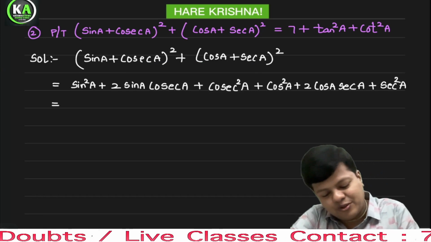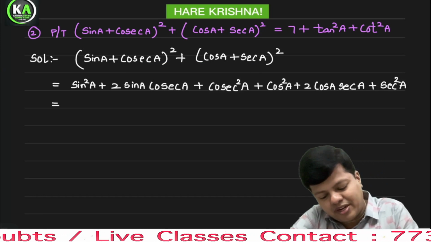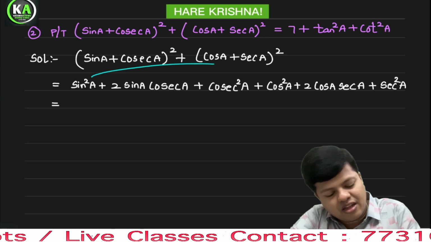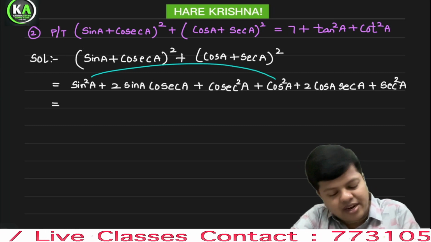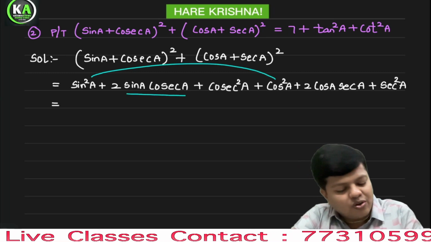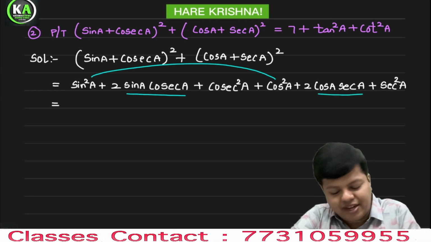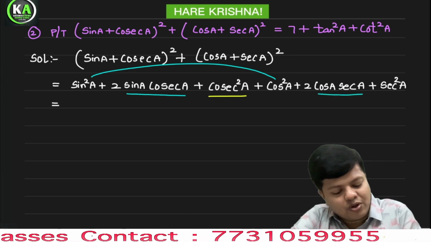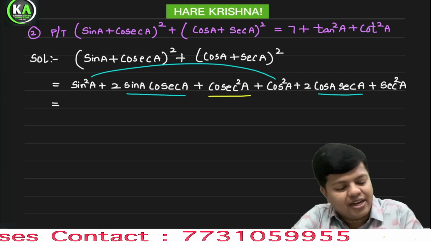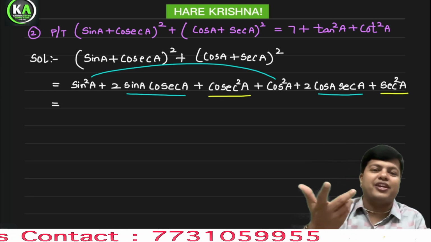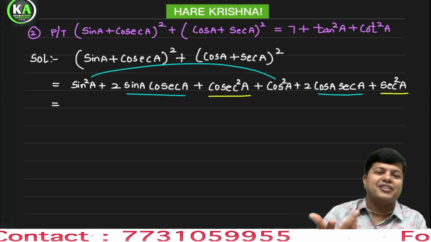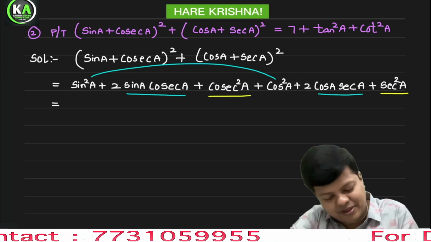So sin square A and cos square A we will write together. And sin A into cosecant A is 1, cos A into secant A is 1. Cosecant square A identity is 1 plus cot square A, secant square A identity is 1 plus tan square A. You get the answer complete. See, we'll do step by step.